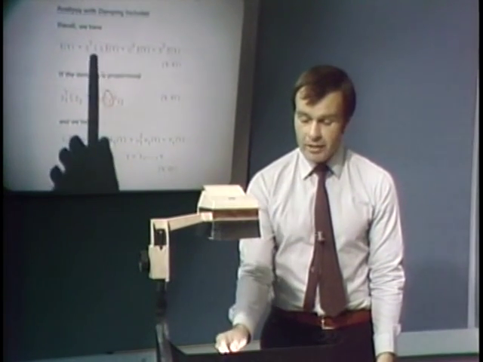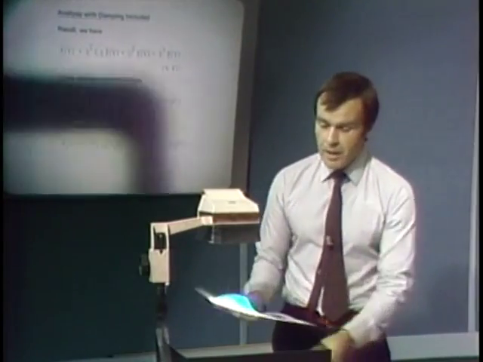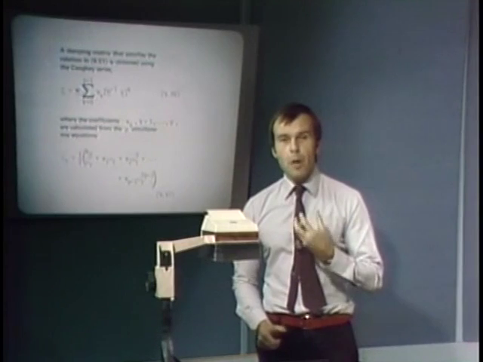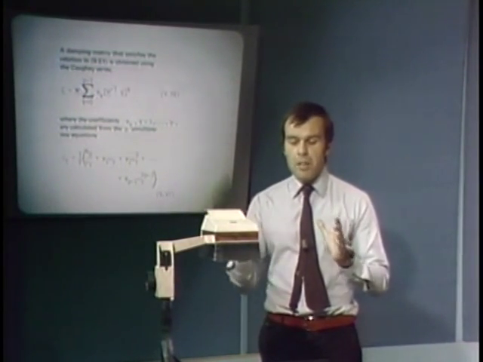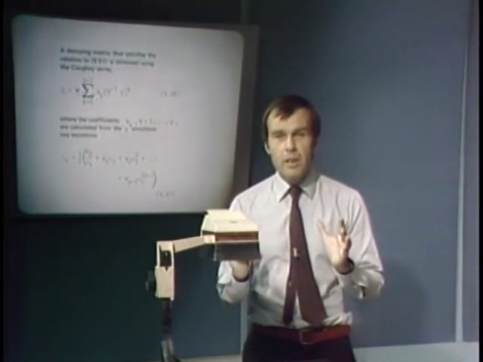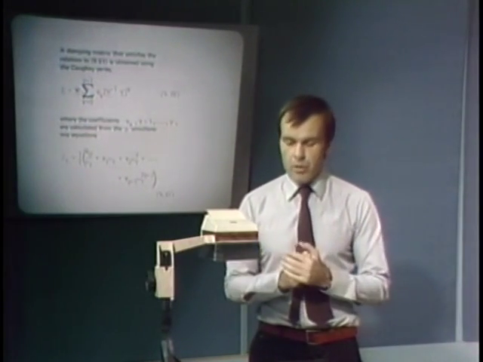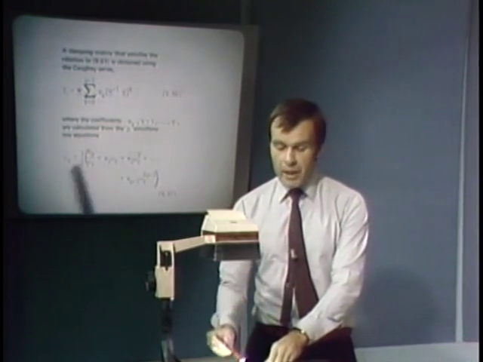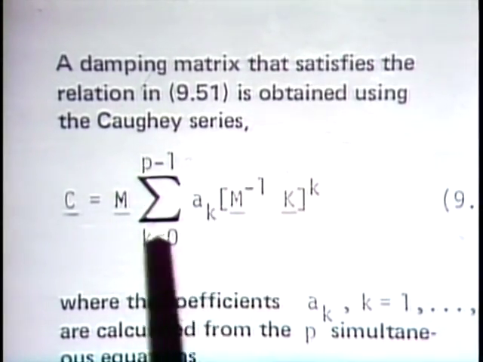Well, if we know these psi I values, then we can also construct a C matrix. We can construct a C matrix with the psi I values given. The psi I values are frequently obtained from experiments. In other words, a structure is taken, it's vibrated, it's excited into certain vibration modes, and from these experiments we obtain the psi I values. So once we have the psi I values given, we can calculate a C matrix. And one way of calculating it is to use the Caughey series.